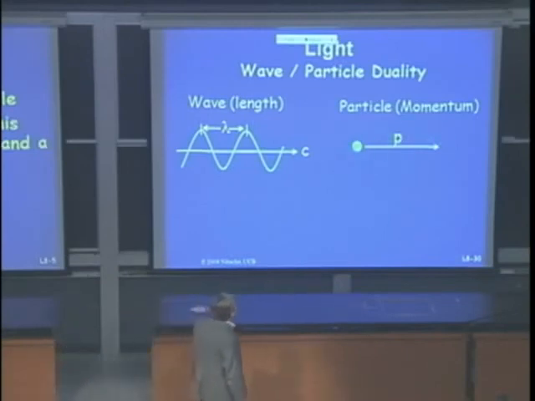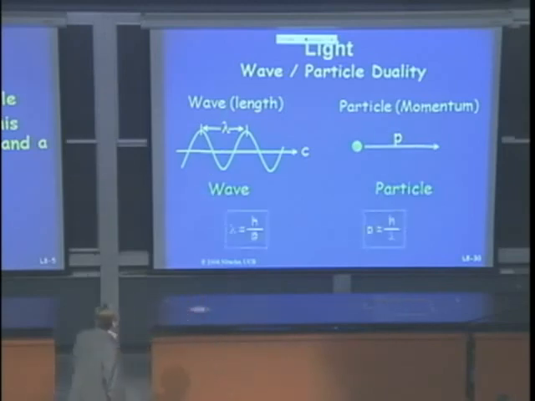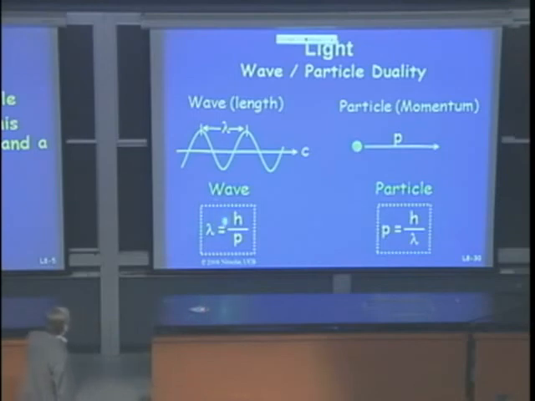Momentum is mass times velocity, and we know the wavelength here, and here we know the momentum. Now we have to marry this. The wavelength is h divided by the momentum, so I can calculate the momentum from a wavelength, and I can calculate a wavelength from a momentum, all right? So this is the dualism, and this is de Broglie who unified this.